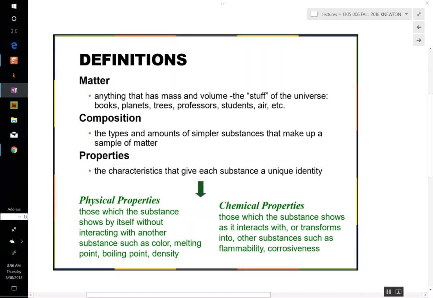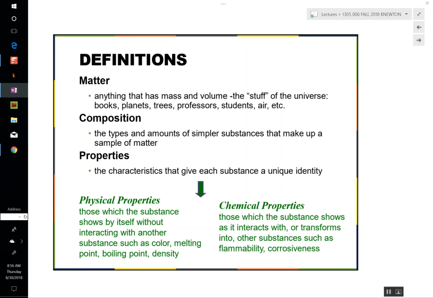So some definitions. We've already mentioned this: matter, anything that has mass and occupies space. Composition, the types and amounts of simpler substances that make up a sample of matter. Properties can be broken into physical and chemical.